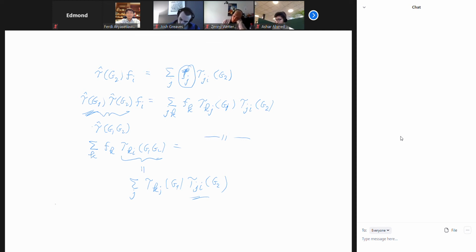So if the f_i are orthonormal, then T is unitary. I think this can be seen quite easily.